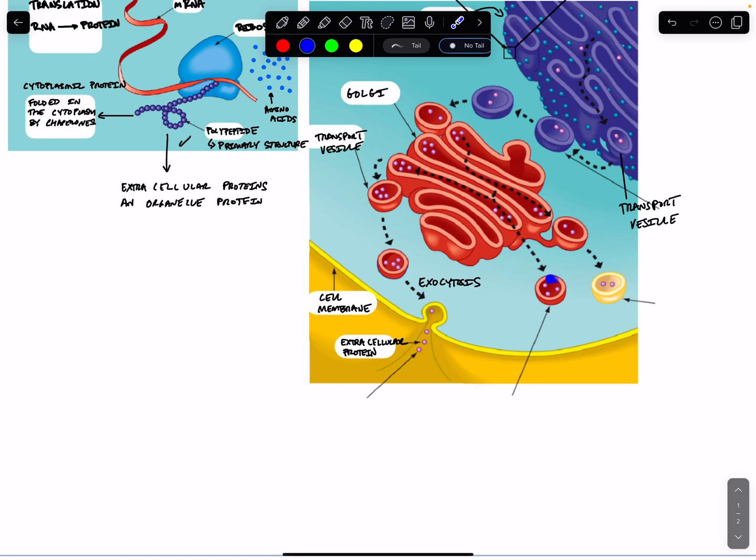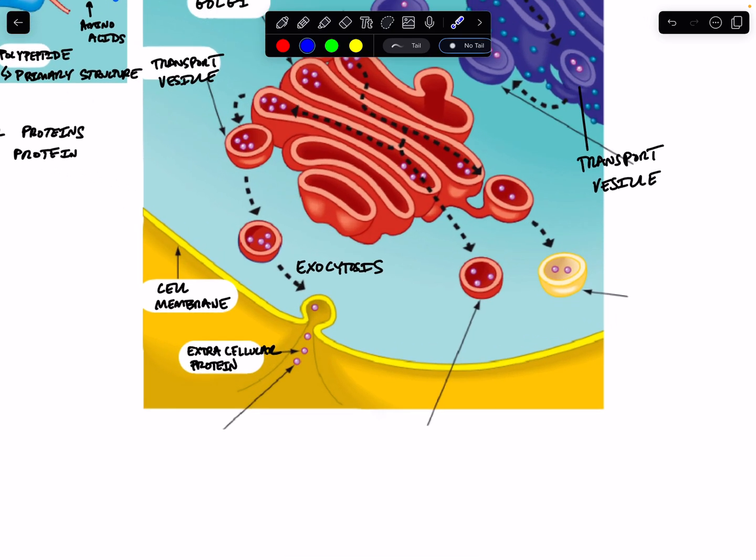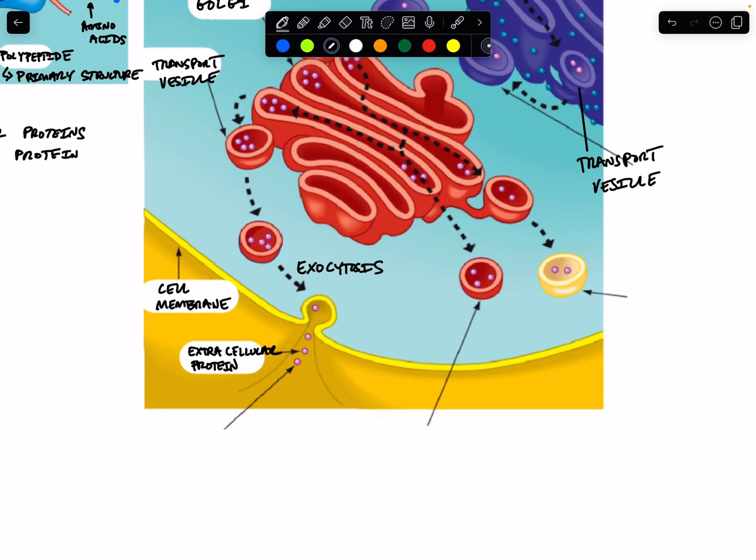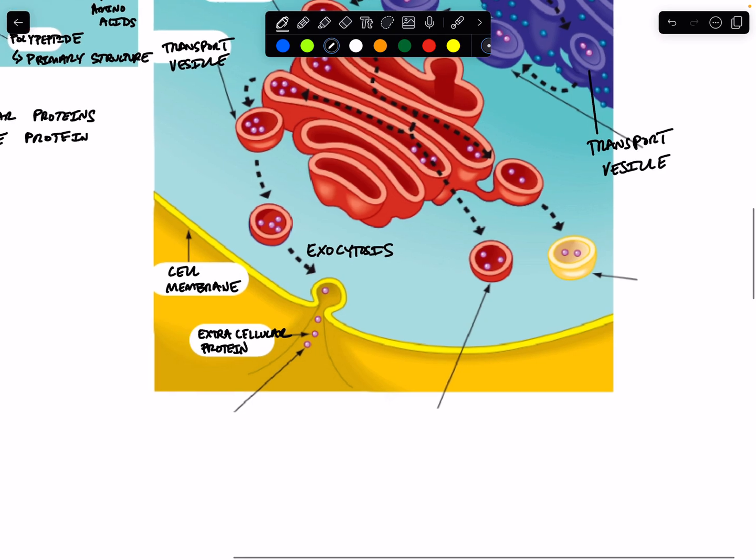It might bud off in a transport vesicle that is destined to stay inside the cell forever, but fuse with another organelle and become part of that organelle. So maybe this contains proteins that are necessary for the mitochondria.